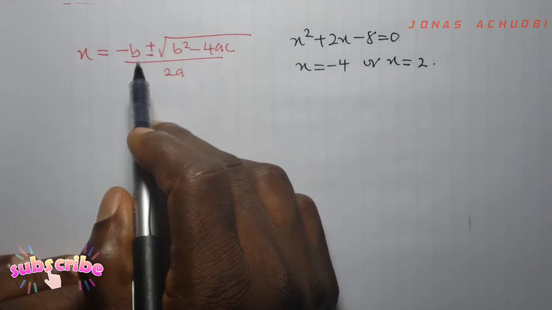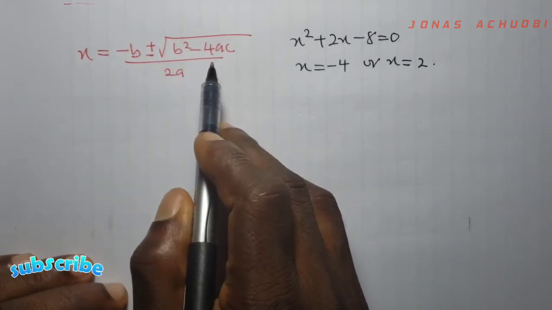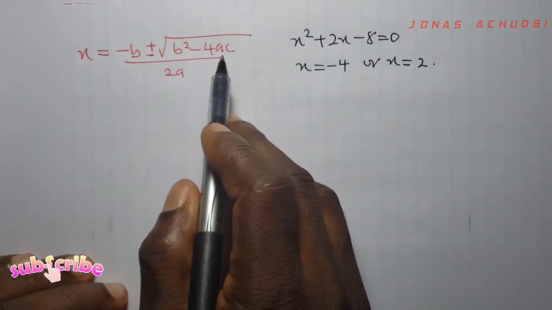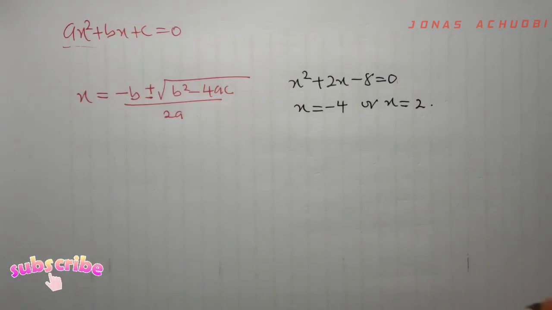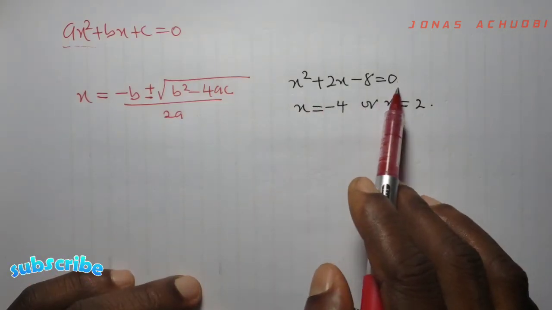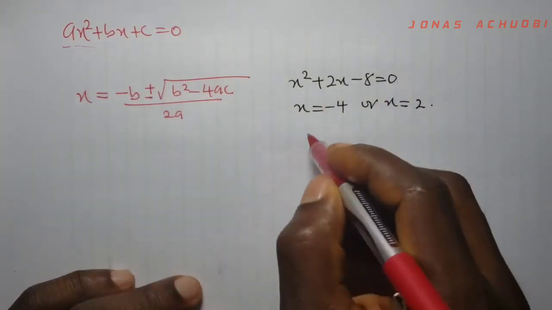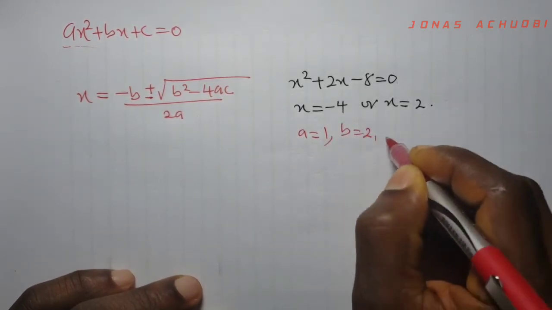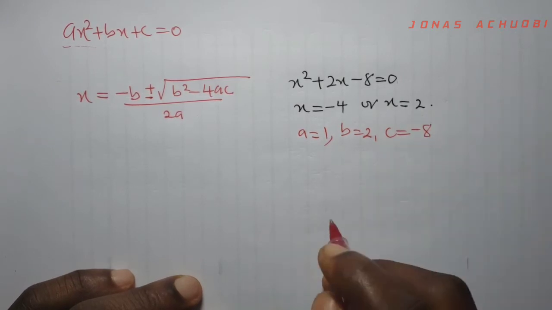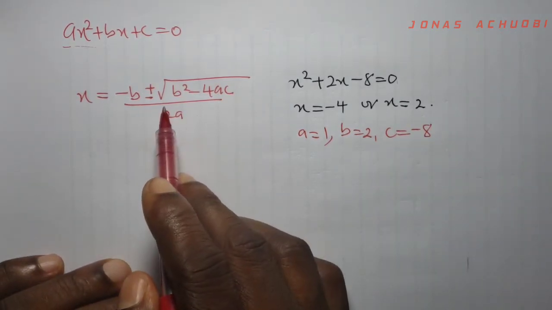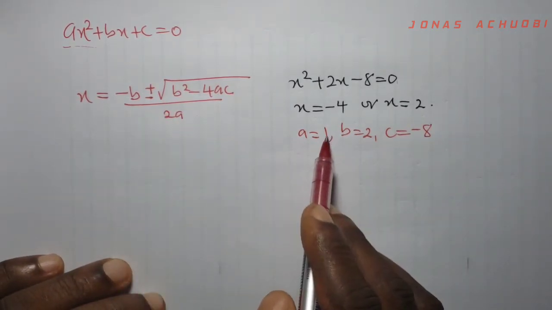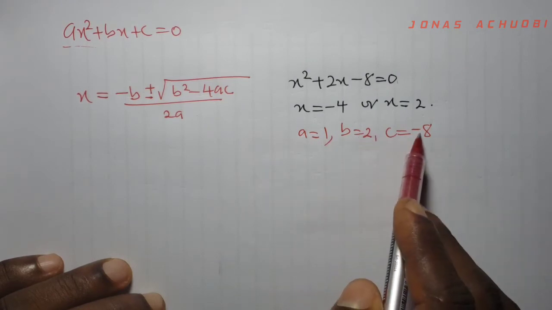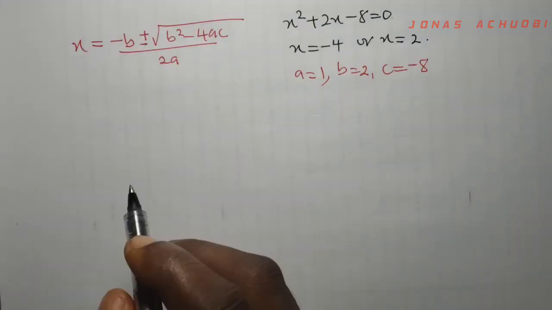So what we need to do is to identify what our a, b, and c are in the given equation. If we compare the given equation to the general equation, we see that a is 1, b is 2, and c is negative 8. So in the formula, we simply substitute 1 for a, 2 for b, and minus 8 for c.